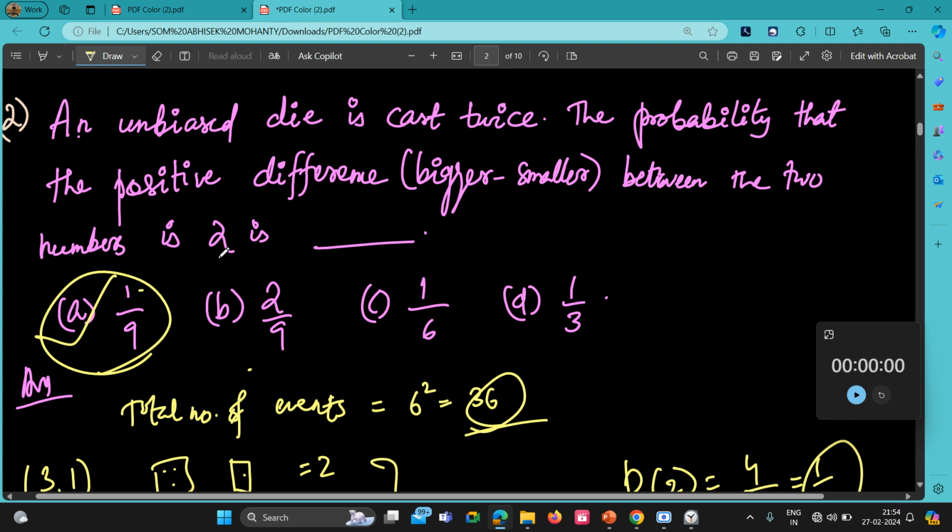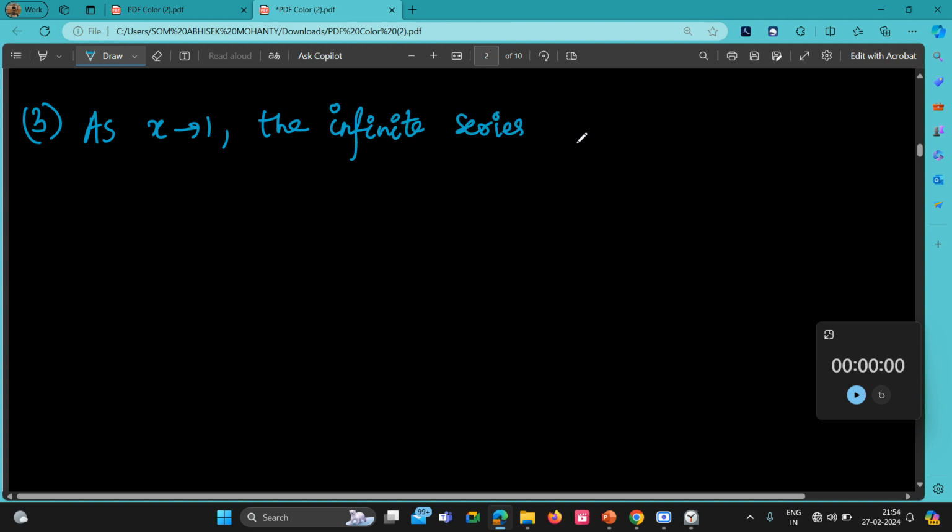Okay? Question number 3. As x tends to 1, the infinite series x minus x cube by 3 plus x fifth by 5 minus x 7 by 7 plus dot dot dot, dash.